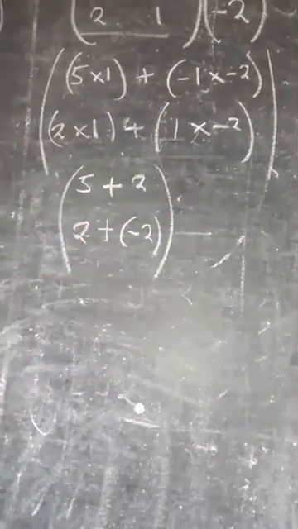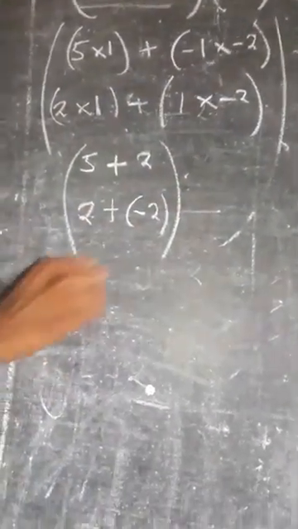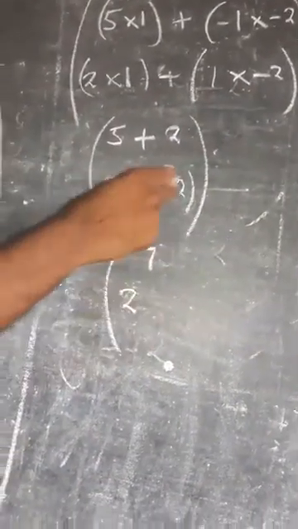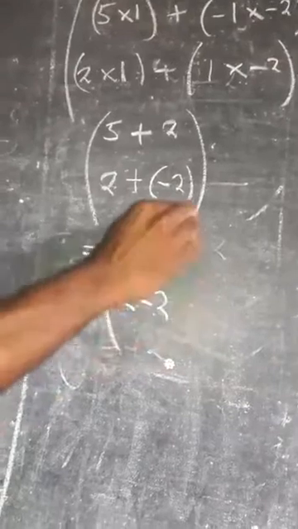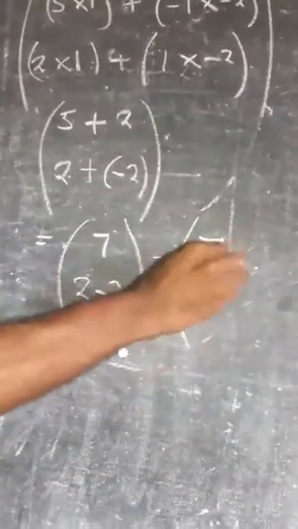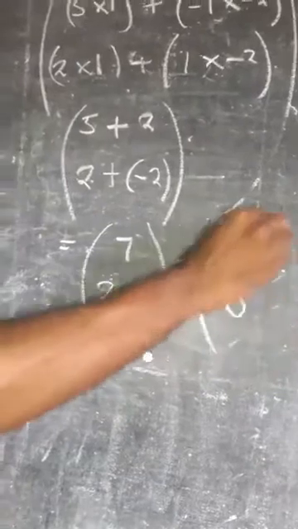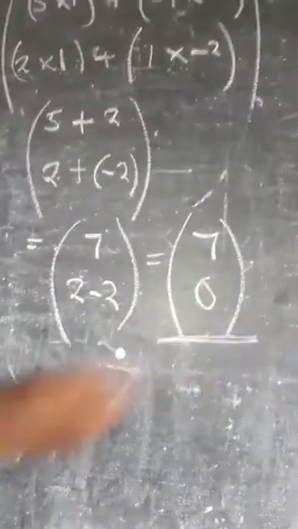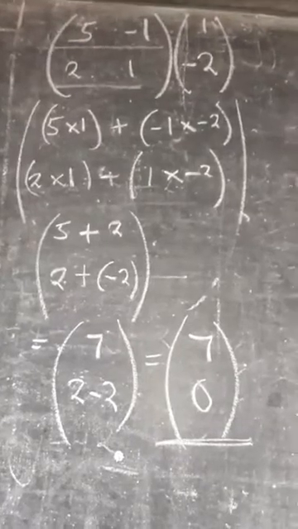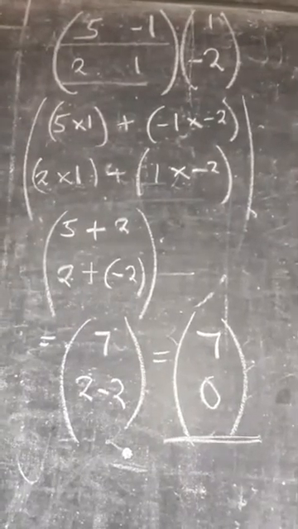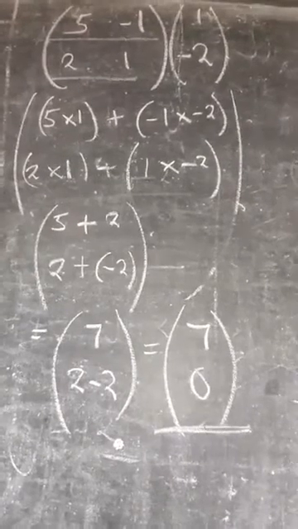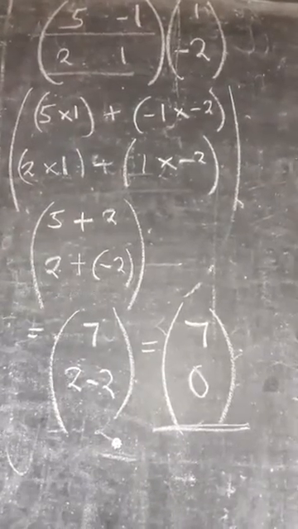So what we have here is just 7, and 2 positive, negative, that's negative 2, meaning our final answer is equal to 7, 0. And that's our final answer for this one.